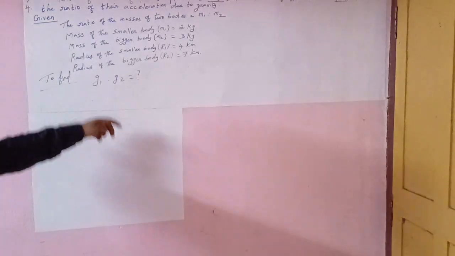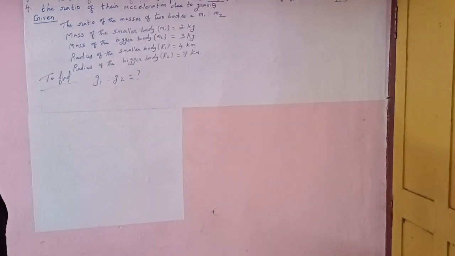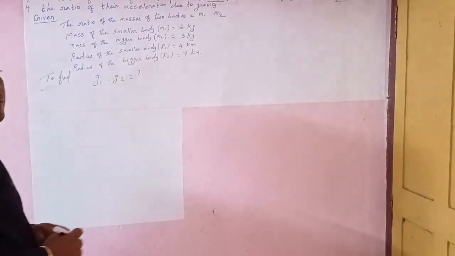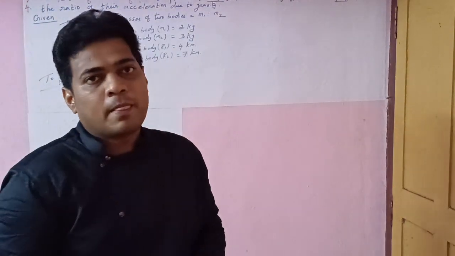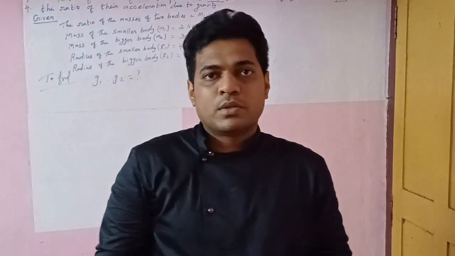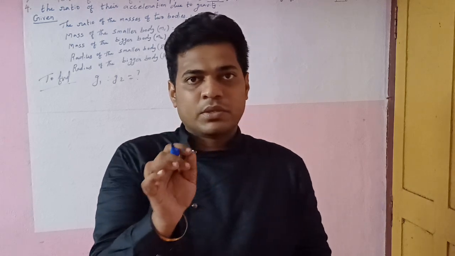You have to write the ratio formula. Okay, you know very well what Newton's second law equation is: F equal to ma. The a is also equal to g, because it is acceleration due to gravity.